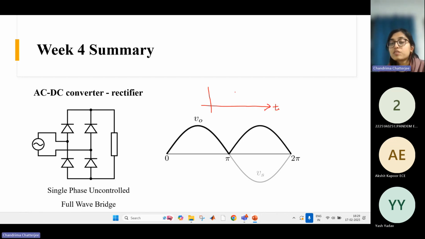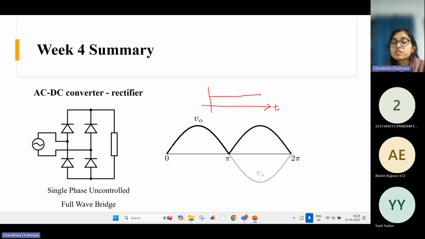A pure DC waveform will be something like this, horizontal to the time axis, right? But here the waveform is not like this. It is basically having a sinusoidal shape only, but on the positive axis, right? From the negative side, it just flipped to the positive side, but there are still some pulsations.